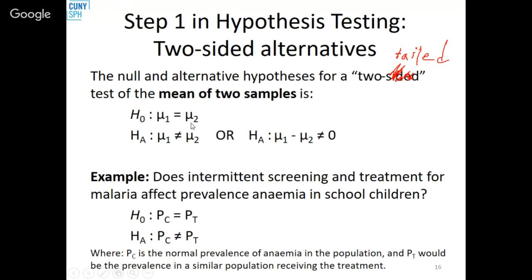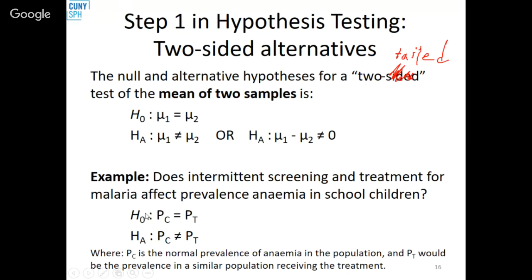So I'm using 1 and 2 to refer to the two populations from which these samples were drawn. For example, does intermittent screening and treatment for malaria affect prevalence of anemia in school children.